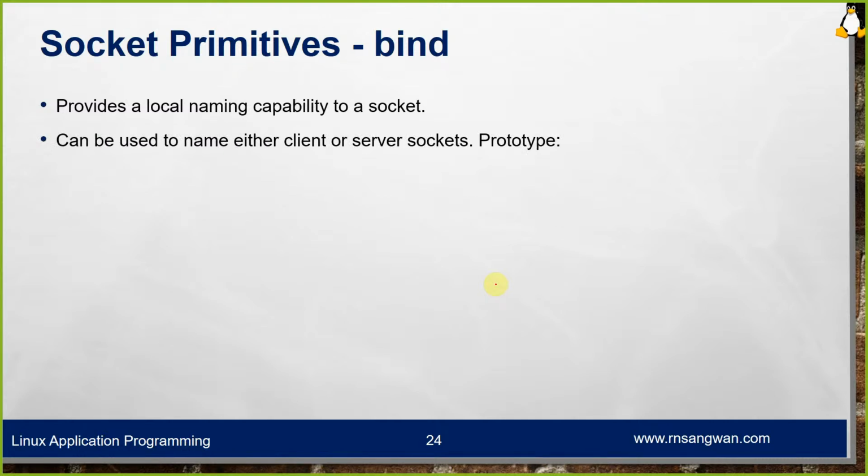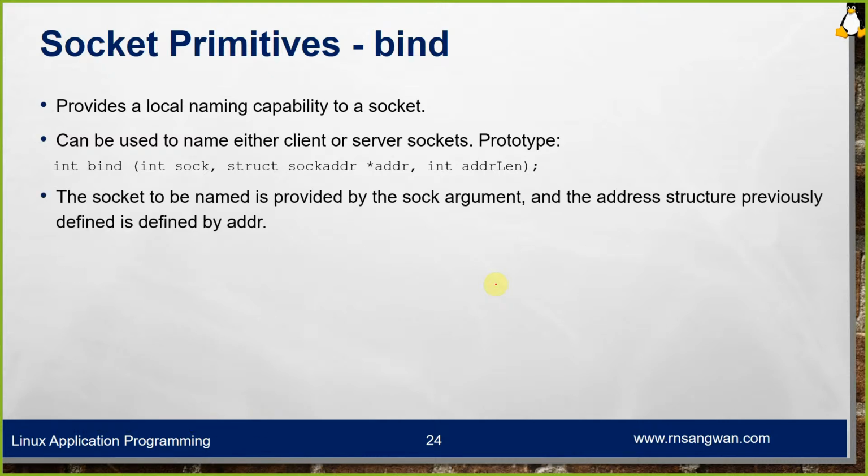The prototype of this function is int bind, int socket, struct sockaddr pointer type address, and address length. The socket to be named is provided by the socket argument, the first argument, and the address structure previously defined is given by the address pointer.